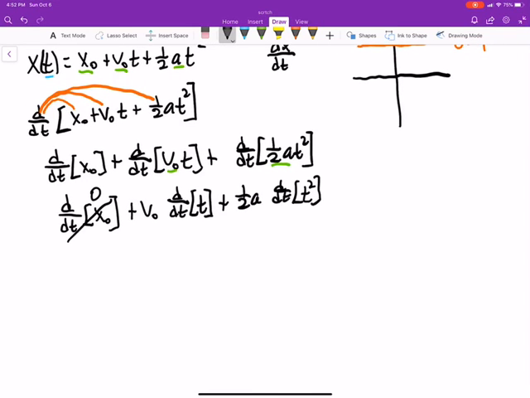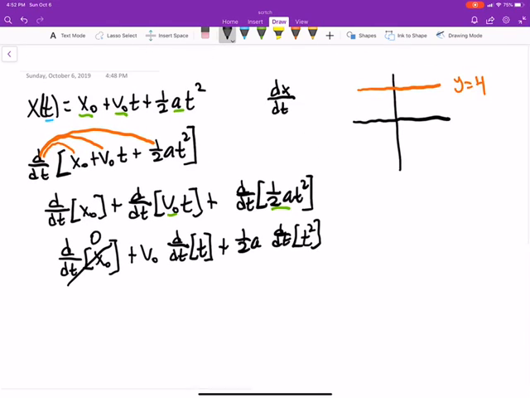The slope of t, that's kind of like asking what the slope of y equals x is. It's just 1. So this ends up just being 1 times v naught, so that's just v naught.